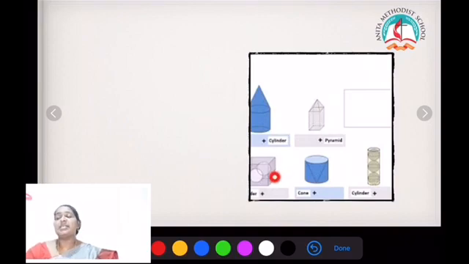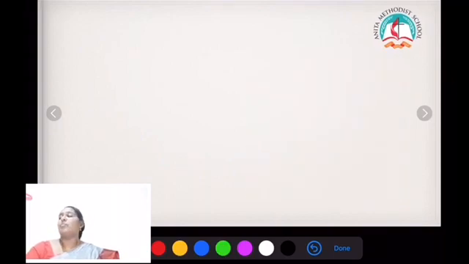Here a cube, and inside the cube there is a sphere. Here a cylinder, inside the cylinder a cone. Here a cylinder, inside the cylinder we have spheres. Depending upon that, we have to apply the formula also.